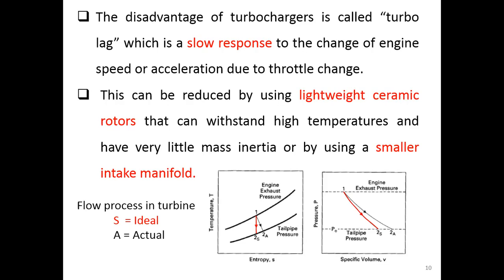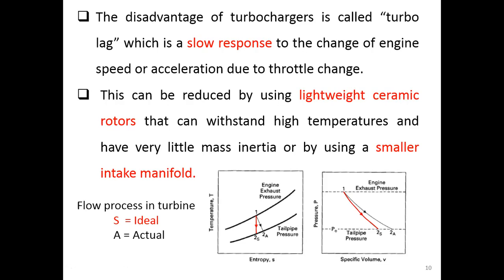And apart from being lightweight, in order to give a fast response to the loading change of the engines, the material has to withstand high temperatures also. Ceramics is considered a good material that can withstand high temperatures. And when it is lightweight, it means it will have a little mass inertia.